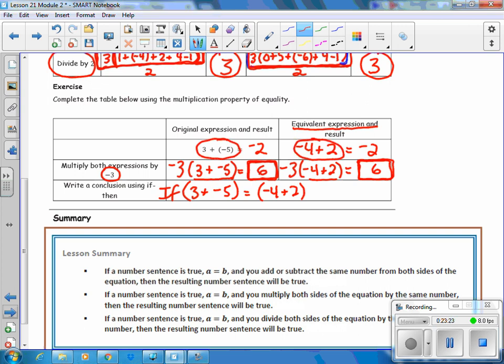They both equal -2, so they are equivalent to each other. So if 3 plus -5 equals -4 plus 2, then -3 times the quantity, 3 plus -5, is equivalent to -3 times the quantity, -4 plus 2.